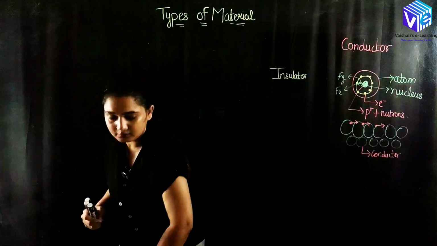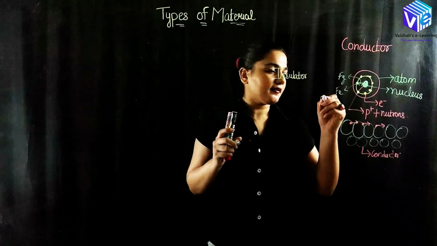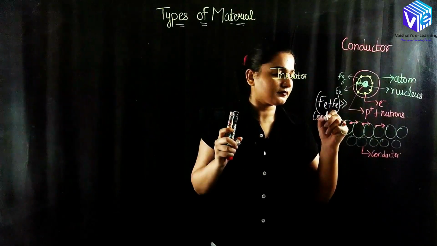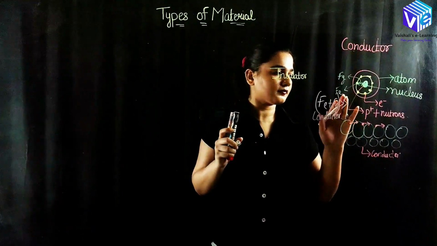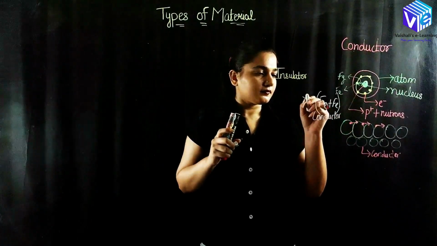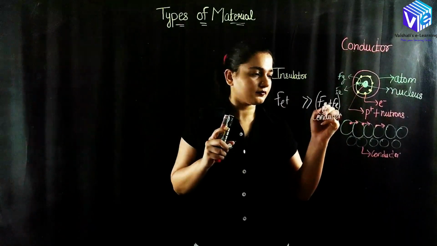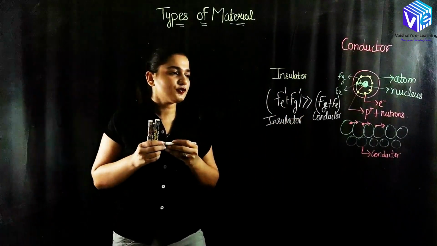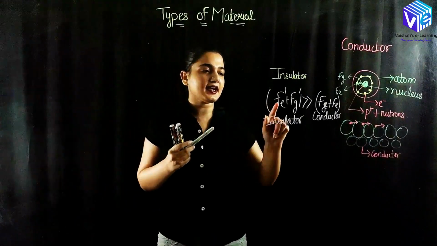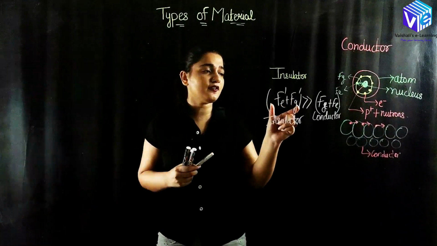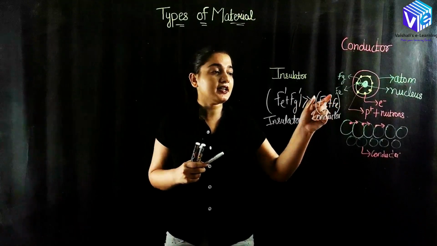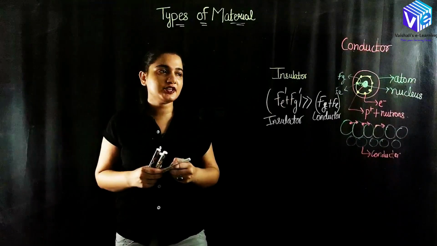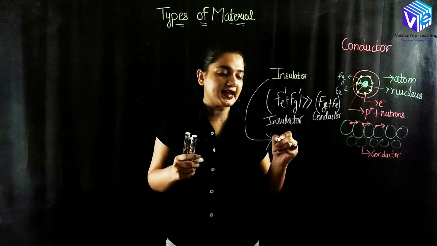So in the case of insulators, the electrostatic force and the gravitational force are much higher than the electrostatic force and the gravitational force of the conductor, because of which the electrons are very tightly held.